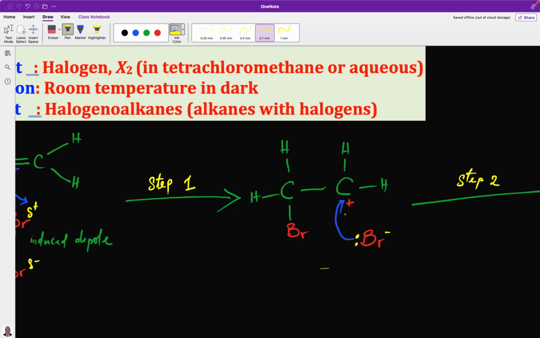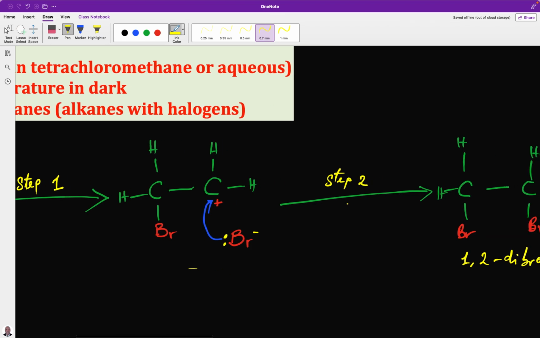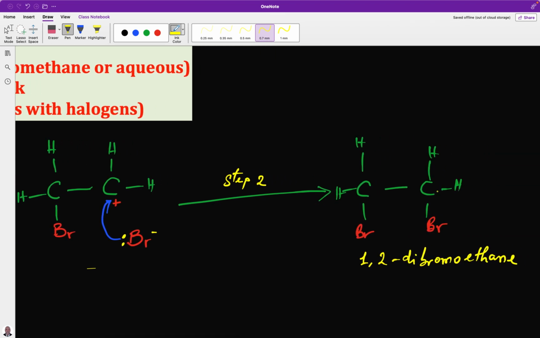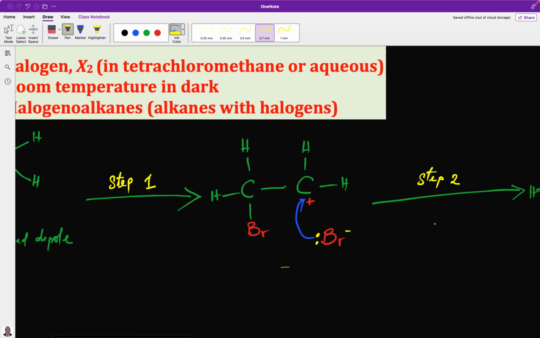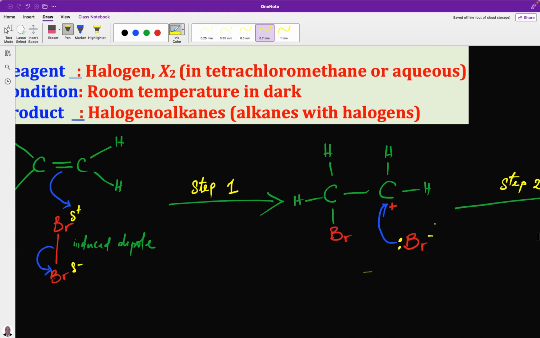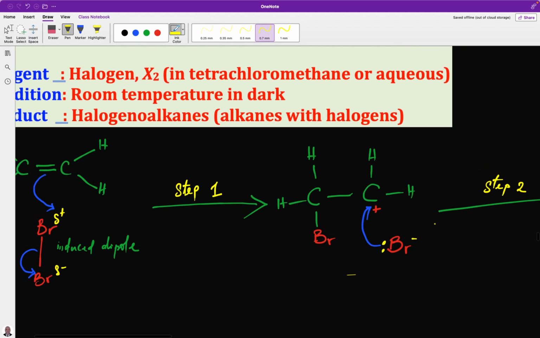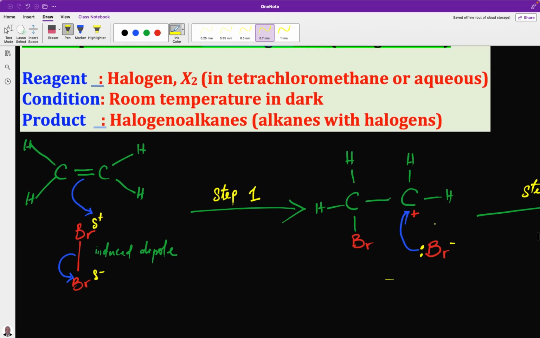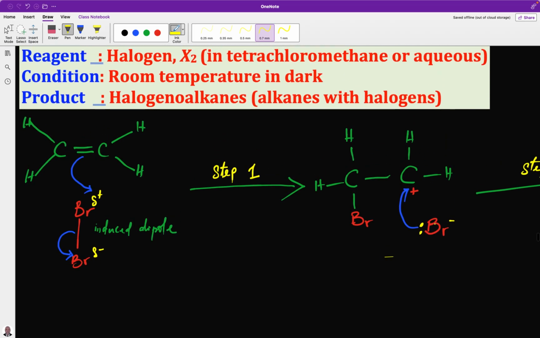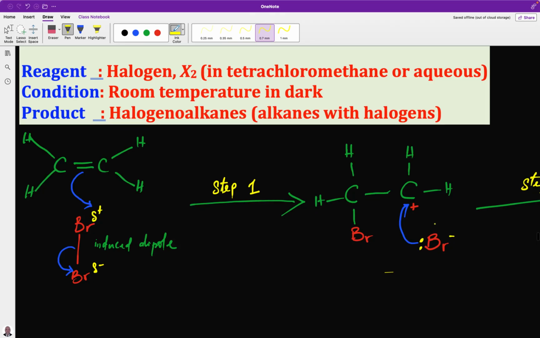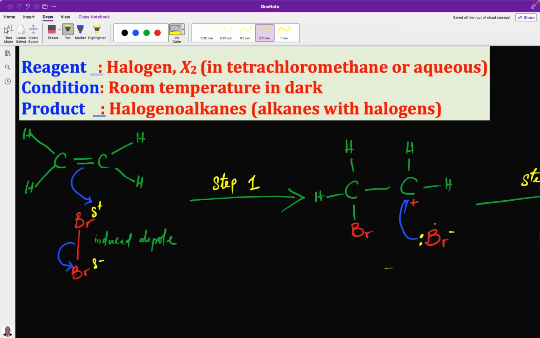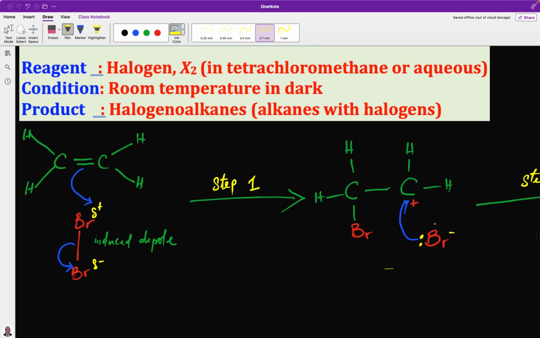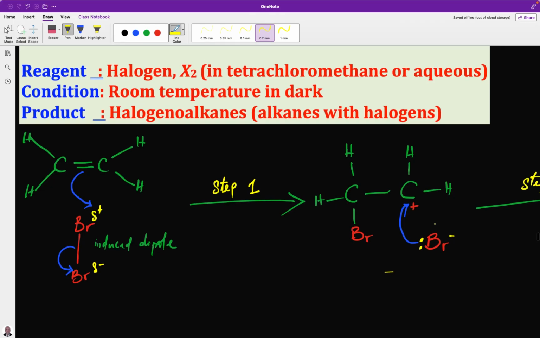And when a lone pair of electrons is donated here, a new bond is established. So this is how electrophilic addition of bromine takes place in alkenes. Electrophilic addition of a halogen, for example bromine, takes place in alkenes, especially at room temperature in the dark. So that is how it is.